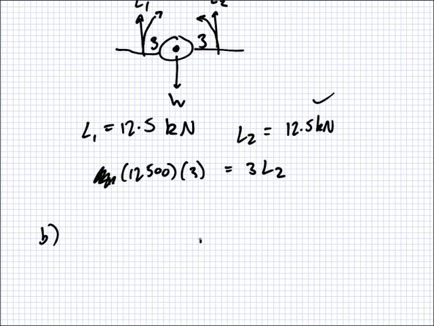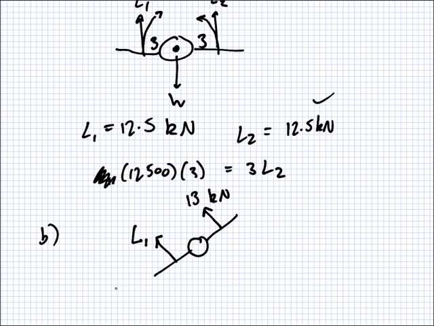So part B, he says he wants to turn the plane, and L2 is increased to 13 kilonewtons. What must happen to force L1? Now, I don't think they're asking you to calculate it.